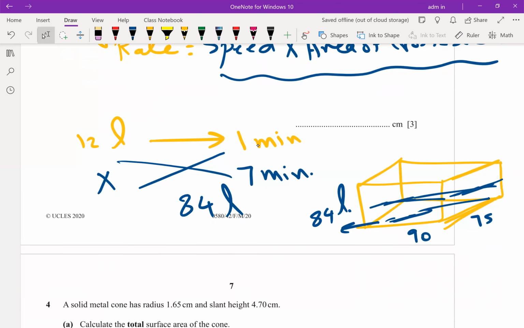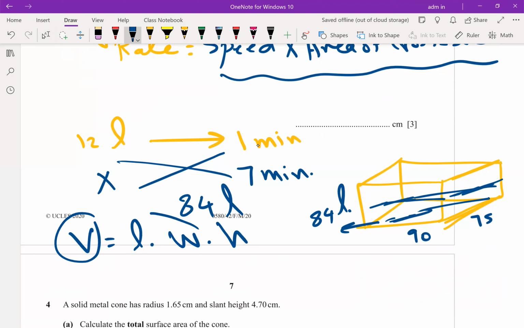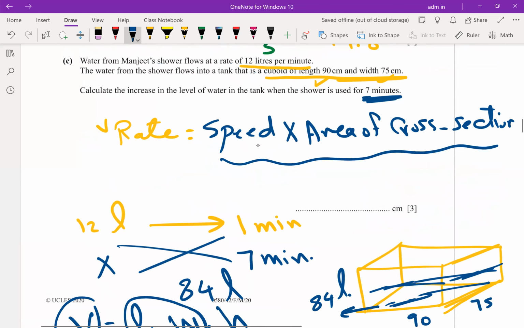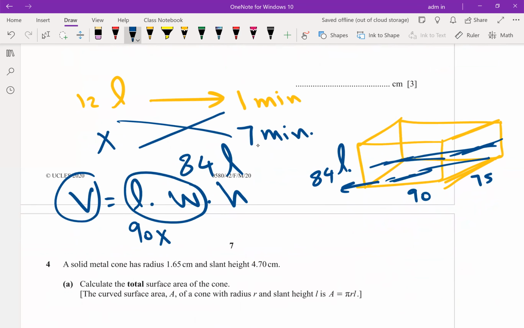The volume is length times width times the height. So we'll divide the volume by length by width to get the height. But the length is given in centimeter, is it? Yes, centimeter, 90. The width is given in centimeter. But the volume is given in liter.